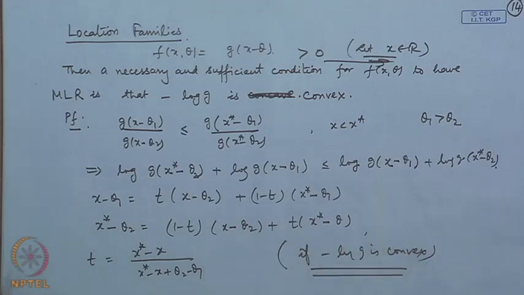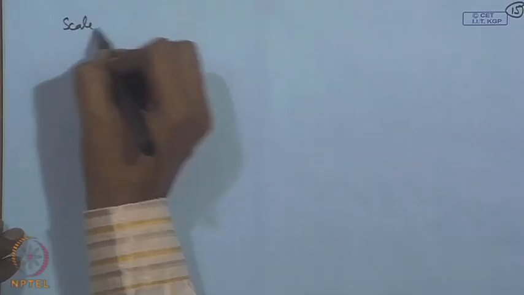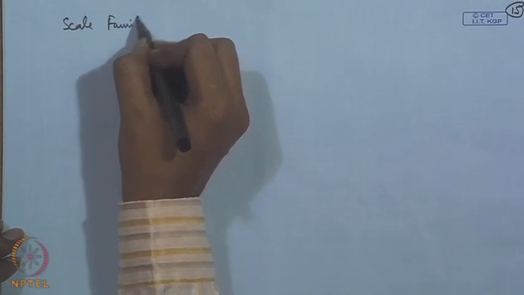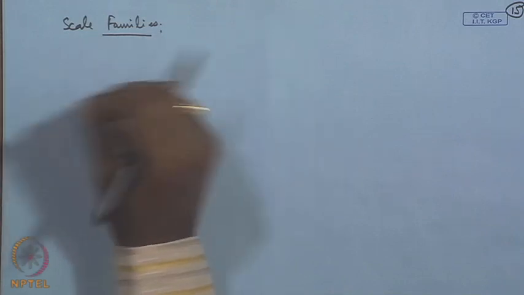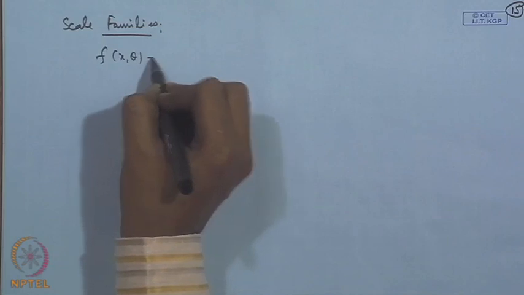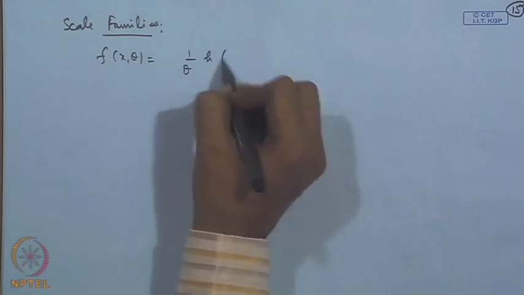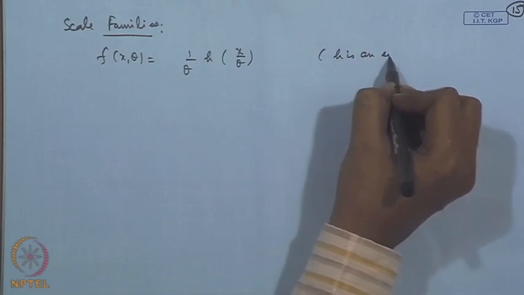I will just mention about the scale families also. For scale families, we can consider the shifting to, like if I consider f of x, theta equal to 1 by theta h of x by theta, h is an even function.